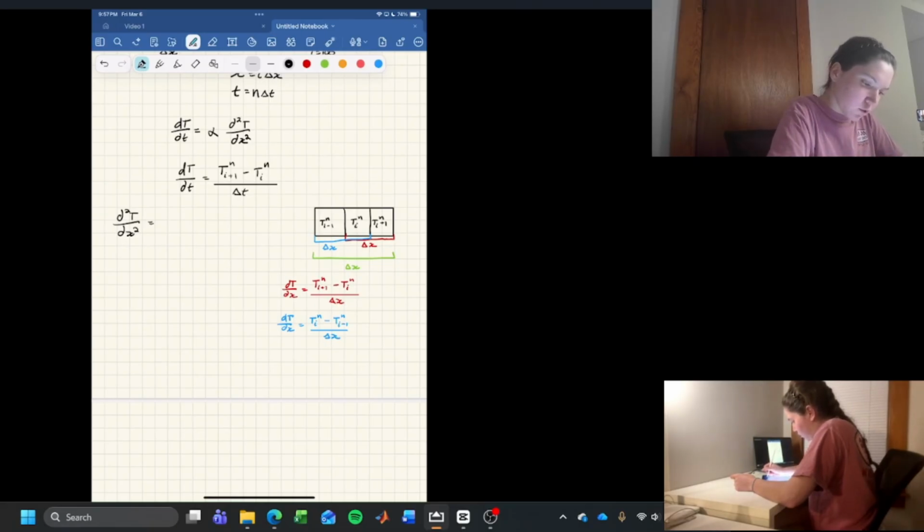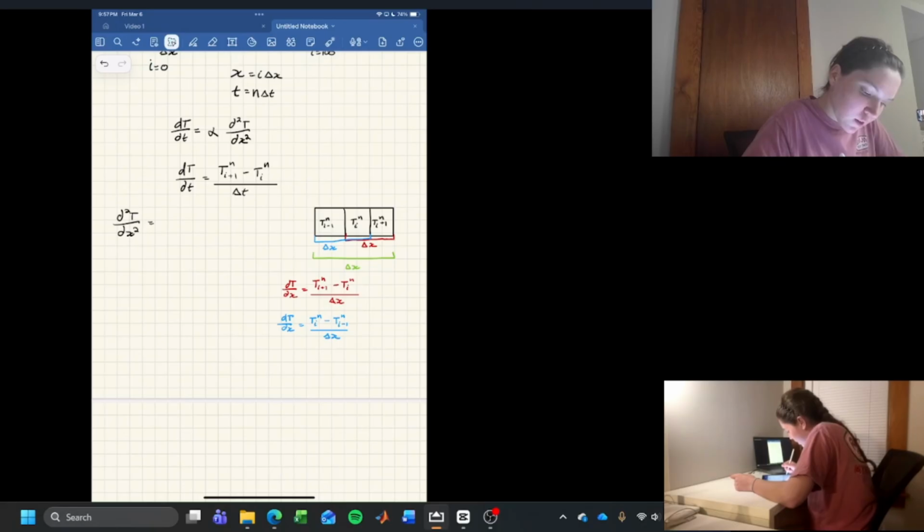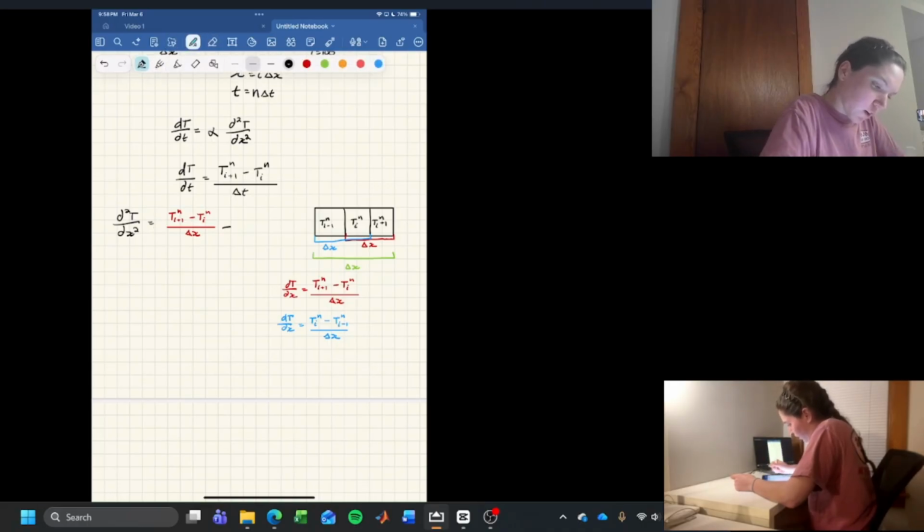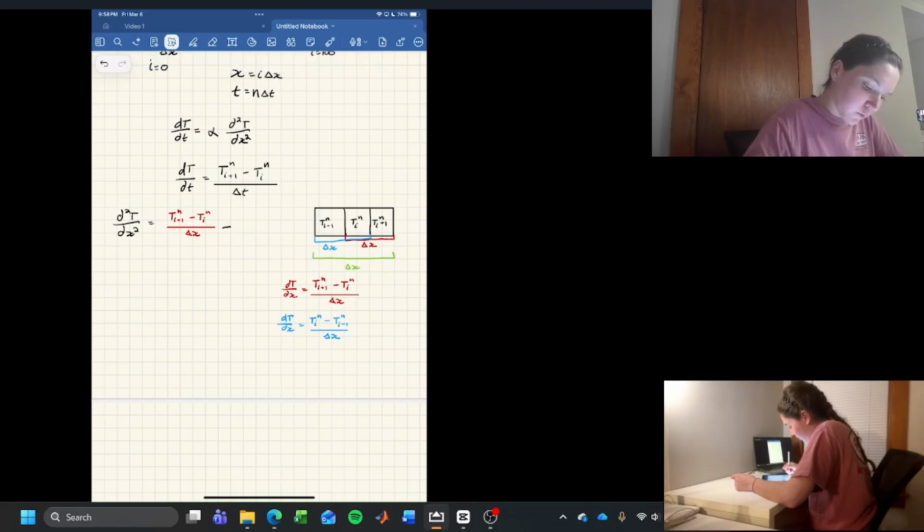So I'll just copy this over. This is the right side. And then we're going to subtract the left side, which is in blue.